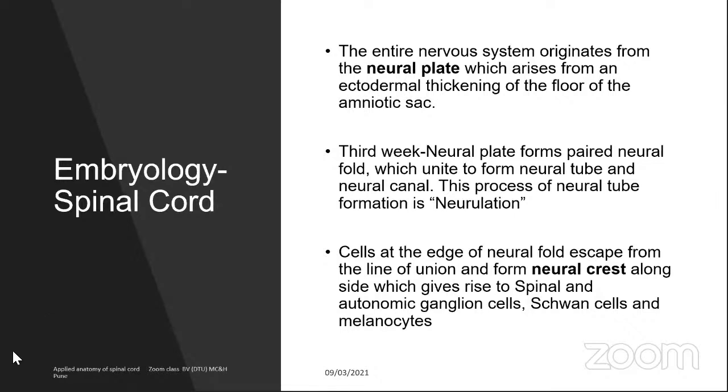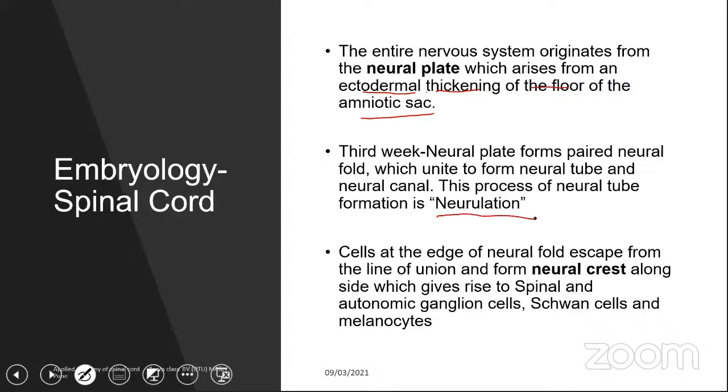Embryologically, the neural plate arises from ectodermal thickening on the floor of the amniotic sac. About the third week, this neural plate forms paired neural folds which unite in the midline to form the neural tube and neural canal. This process of neural tube formation is called neurulation.